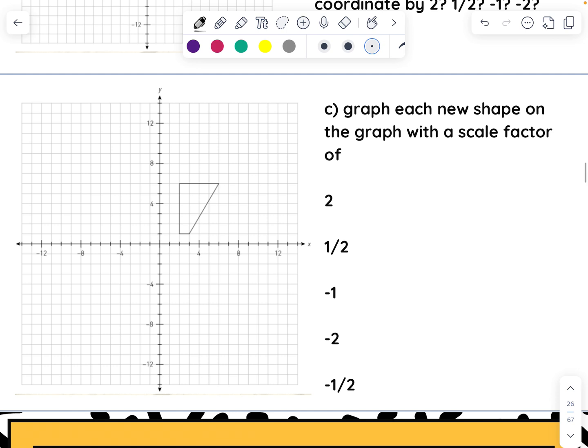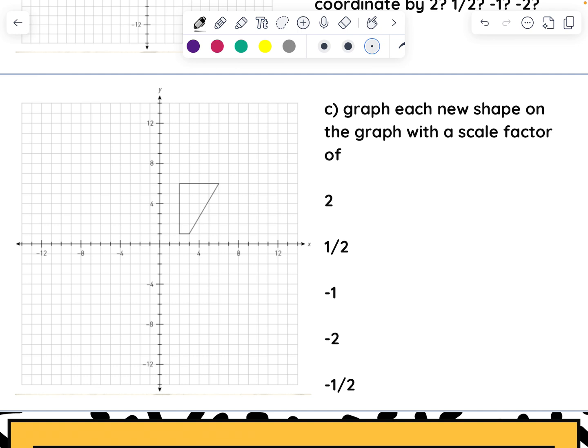On your graph, we're going to graph these new shapes. So there's going to be 5 new shapes on our graph. What I did is I used different colored pens when I did this, just to make it more visually pleasing. But if you just have pencil, that's totally fine too. Maybe you want to use that blue pen for some of them.